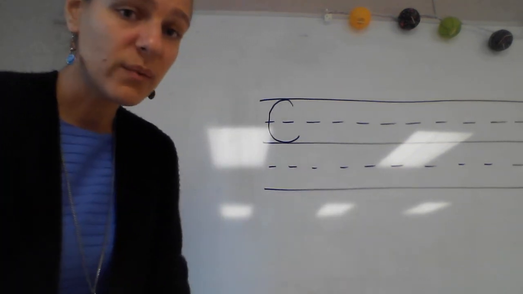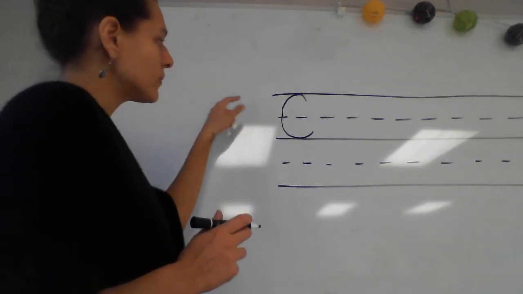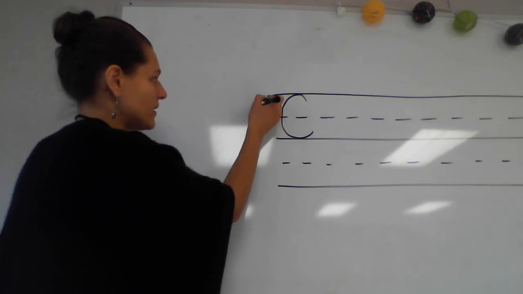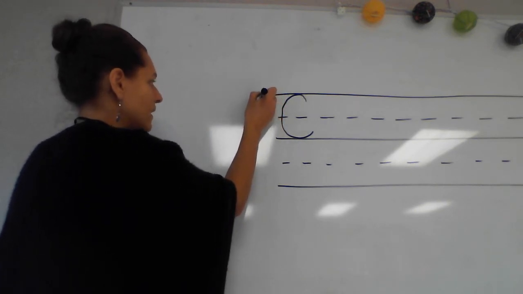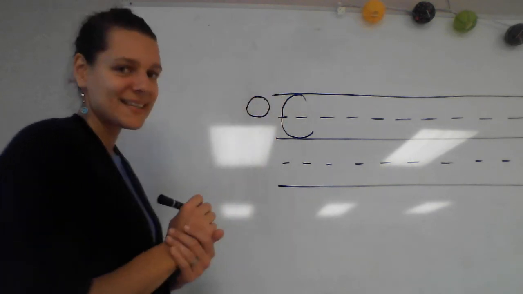Right? So when we're writing our capitals, they're all tall. And so when we're talking about our clock, we want to think of a clock that's sitting between the dotted line and the top baseline.